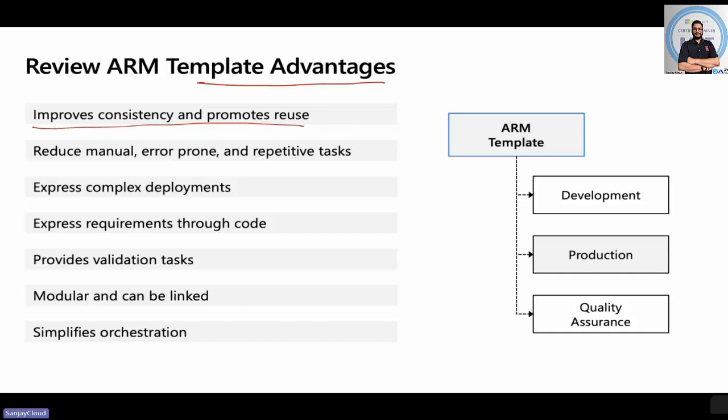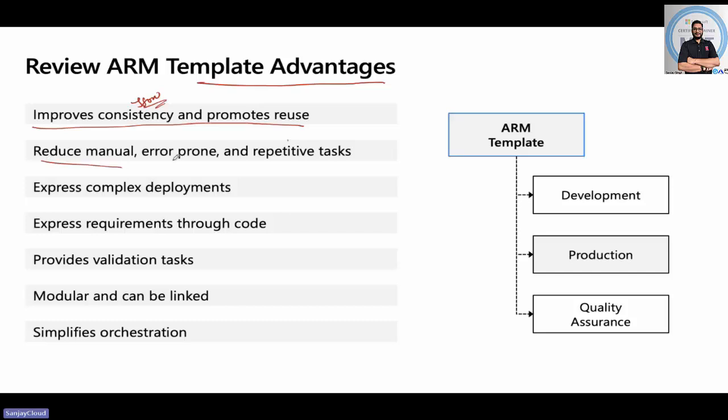Just because the template is written in JSON, which would be a common language for all the developers, correct? So it will improve consistency, and we can reuse a template across multiple departments and multiple deployments.